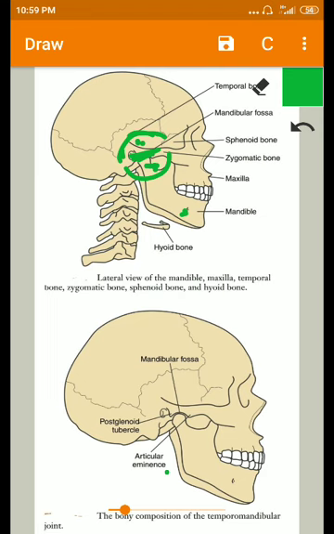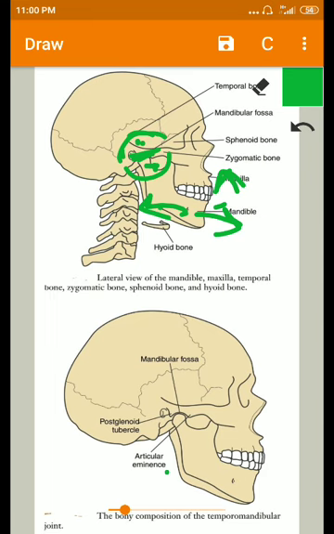That means if you consider the mandibular movements, all the 4 distinct joints are involved with any motion of the mandible. What are the movements? Opening of mouth, closing of mouth, protrusion, retrusion, and as well as the lateral deviation.